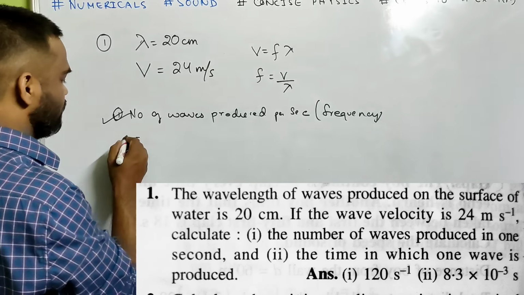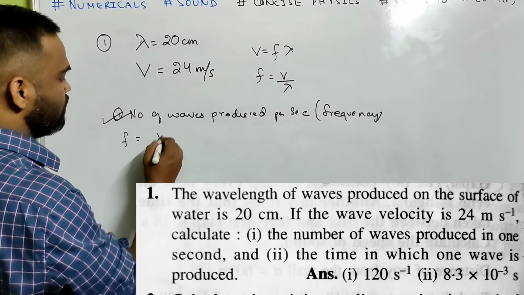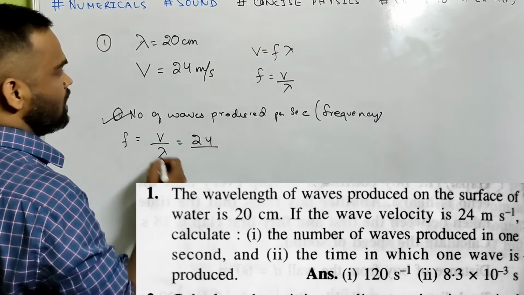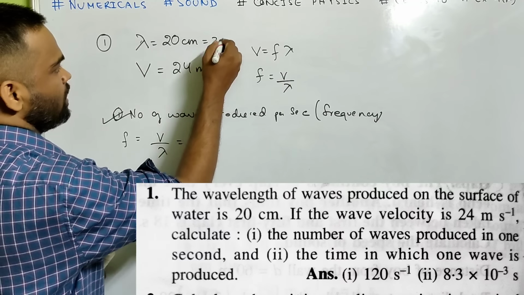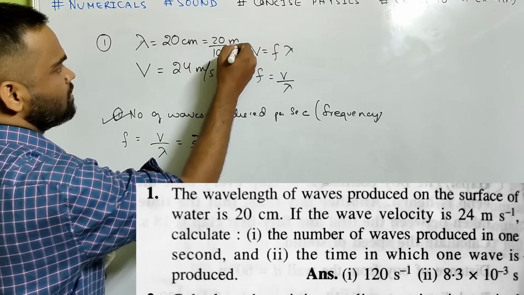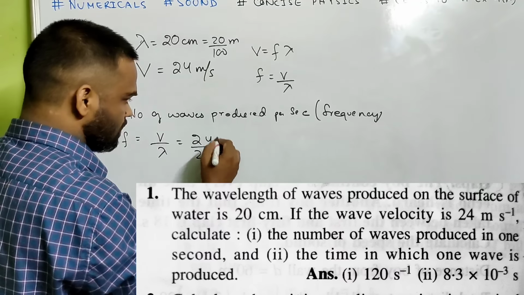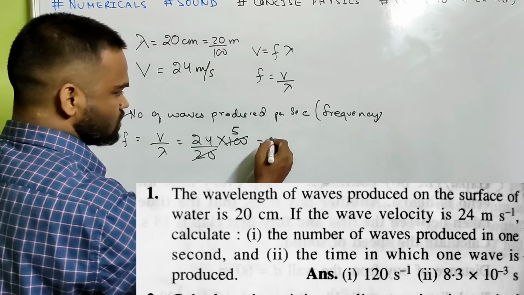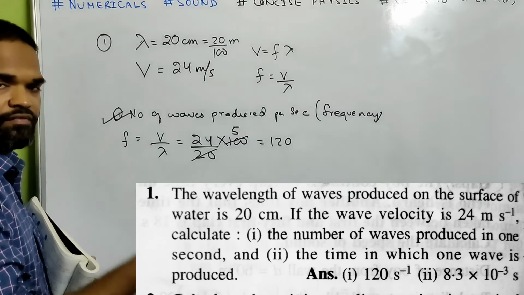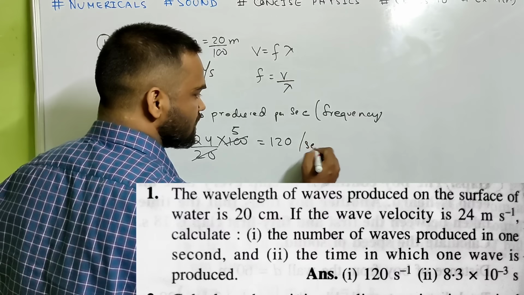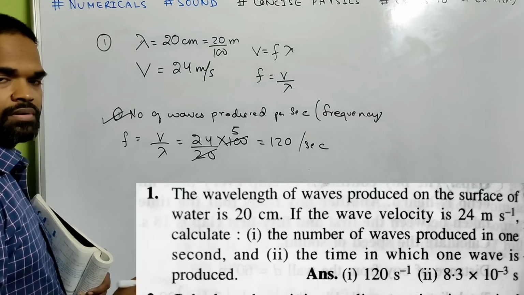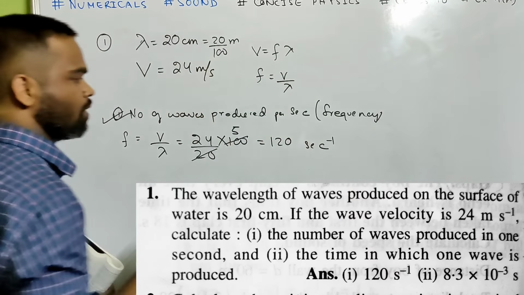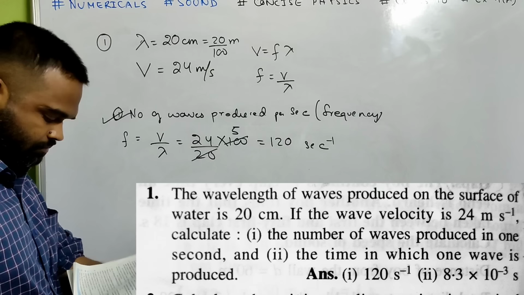Yes or no? So your frequency is V by lambda. Now V is 24. Lambda is 20 centimeters, so 20 by 100 meter. So this is 20 by 100. 1 time, 5 times. So that's 120 waves will be produced per second. Done or not? I'll just write like this. Yeah, 120 waves per second.